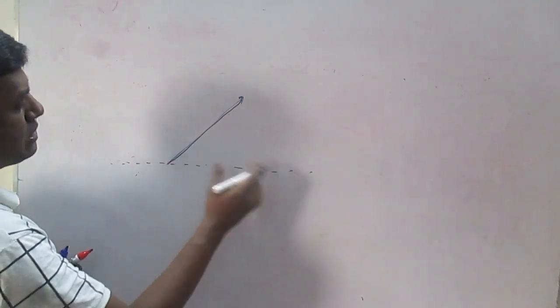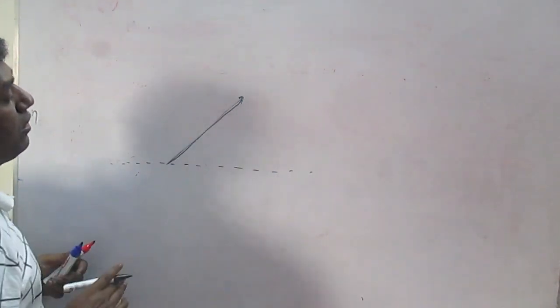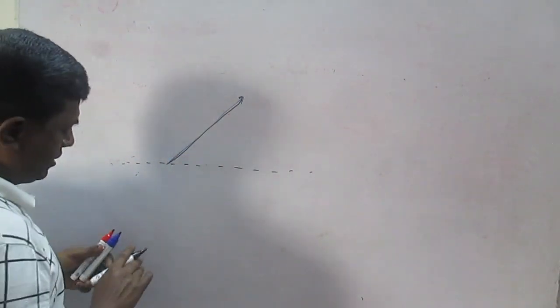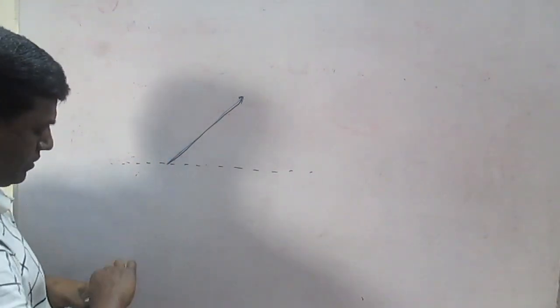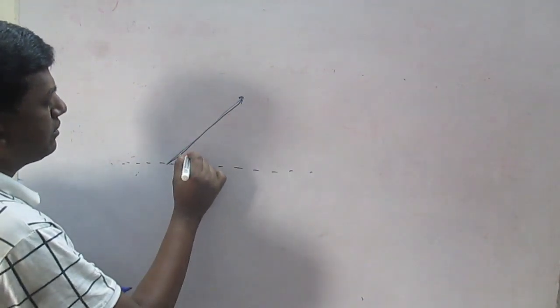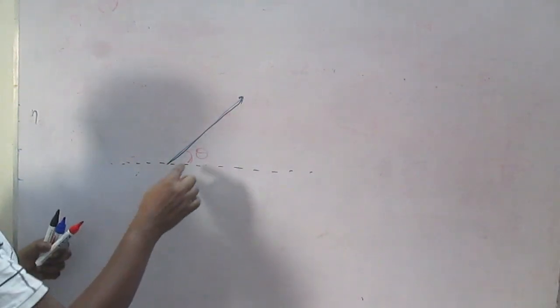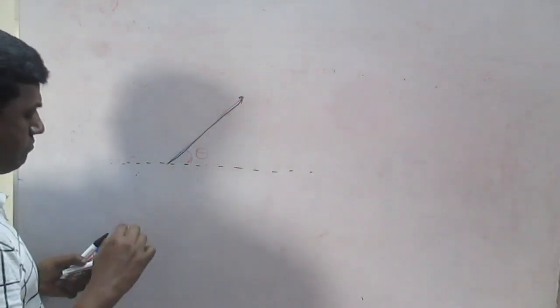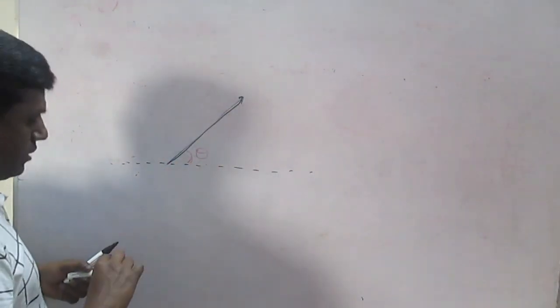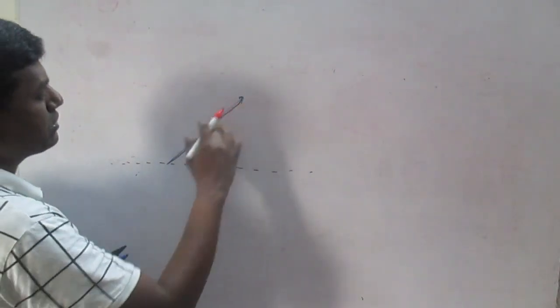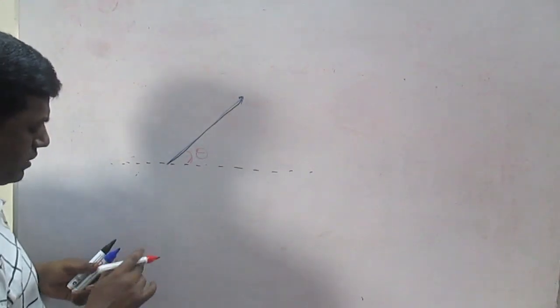With respect to this reference line, the observed velocity is inclined at an angle theta, and this theta plays the role for the velocity component to be inclined.